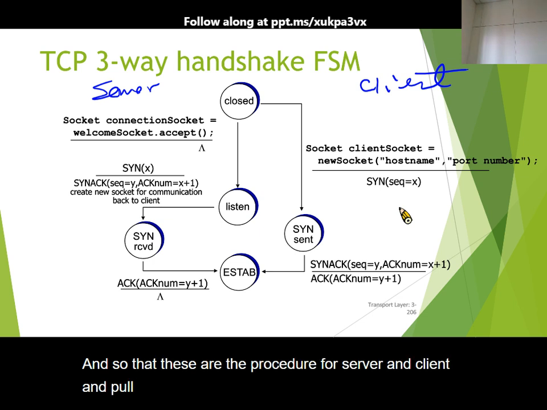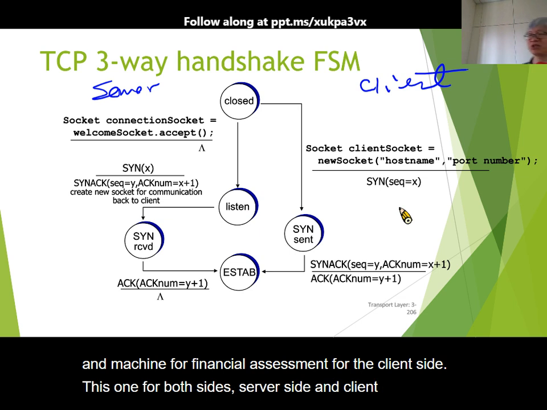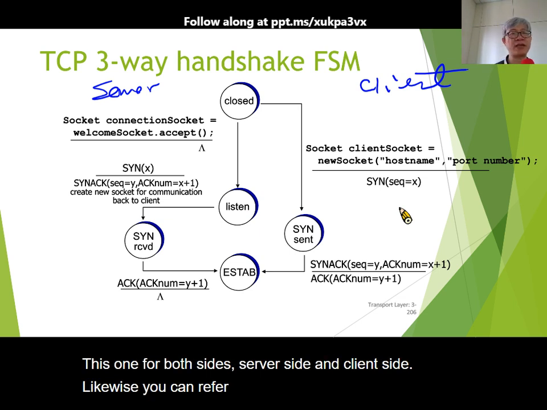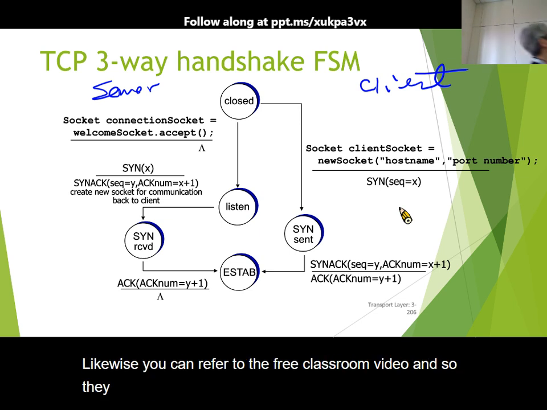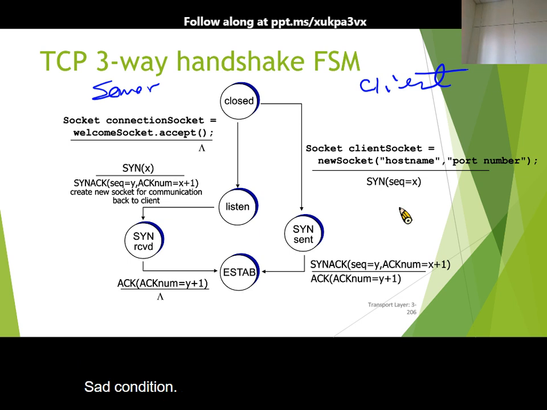So this one is not the finite state machine for connection establishment for the client side only. It is for both sides, server side and client side. Likewise, you can refer to the three classroom videos so that you can know how we follow the possible state transitions to have the connection establishment for server and client.